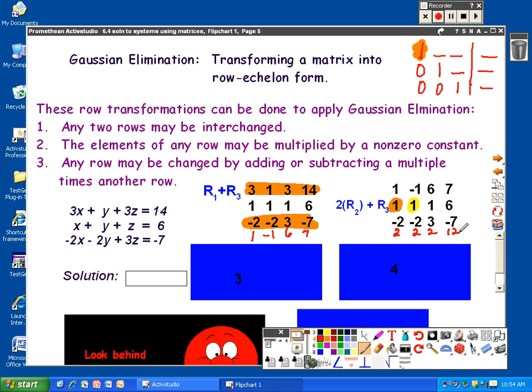And when I add them together, I would get 0, 0, 5, 5. Well, if I divide these both by 5, I'd have my 1. So I'd be in this row. So by manipulating that, it came out to be 0, 0, 1, 1 when I multiply this by a fifth.